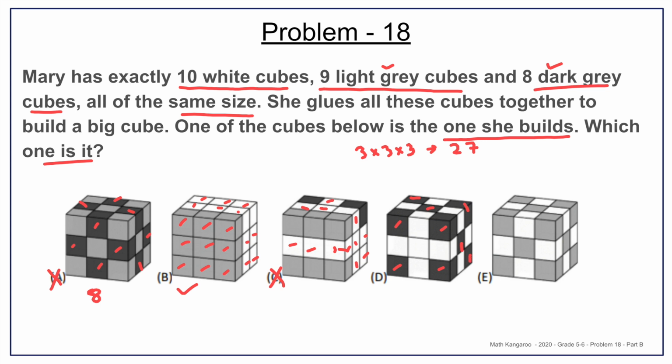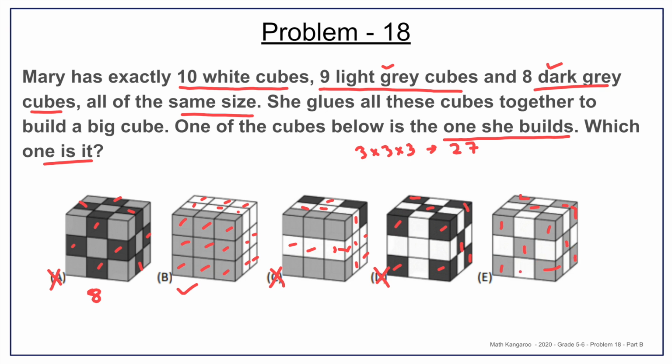We know we have 8 dark gray cubes, so this is not our option. Option E. Let us count the light gray cubes. We have 1, 2, 3, 4, 5, 6, 7, 8, here 9 and 10.